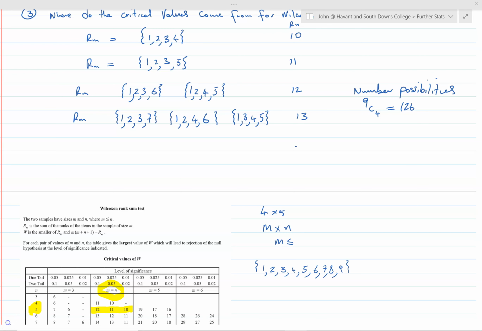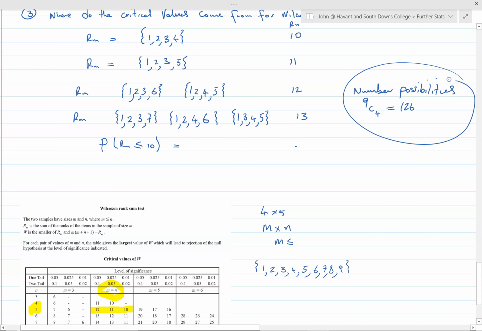So you can find the probability that RM is less than or equal to 10. I know it can't be less than 10, but just for consistency, it's equal to 10. And again, we're looking at equal likelihood, because if they're from the same distribution, it's just random whether they end up in one group or the other.